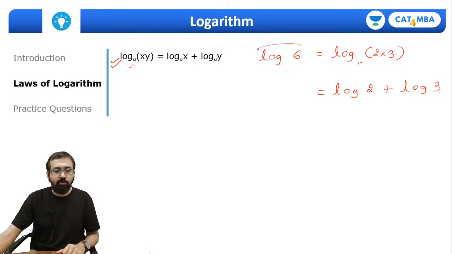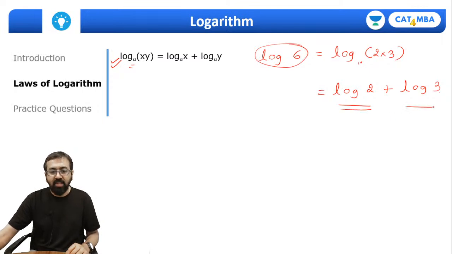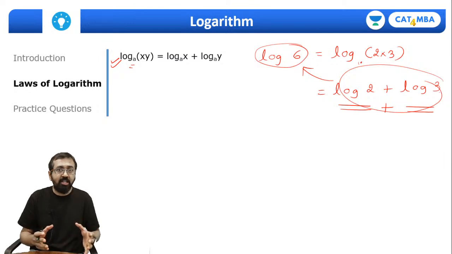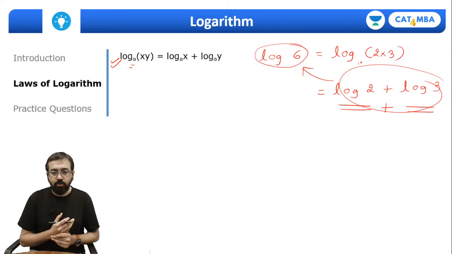Automatically it will show you the value of log of 6. Just write down that value up to 4 decimal places, and then you can find out the value of log of 2 and the value of log of 3 and add these two values. These two values will be equal to this value. If you want to verify, you can always do it. It will help you in remembering things, right? So this is another way of doing it.